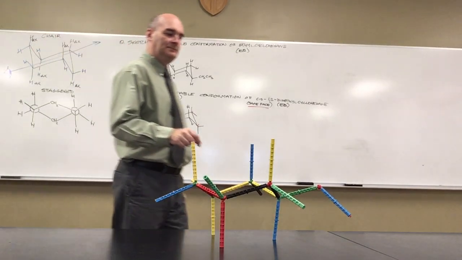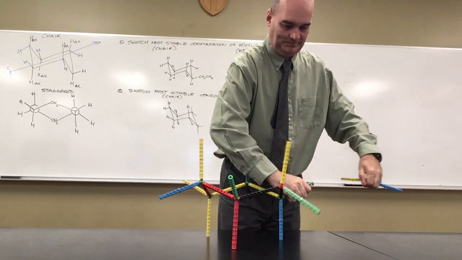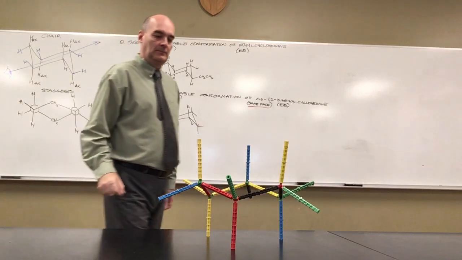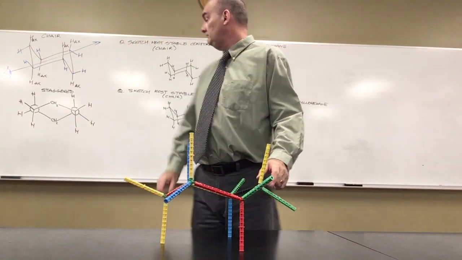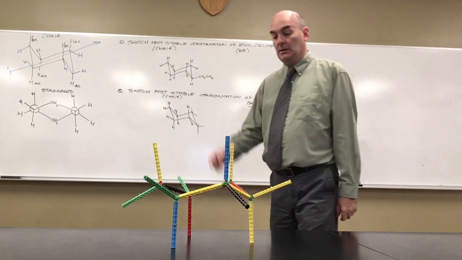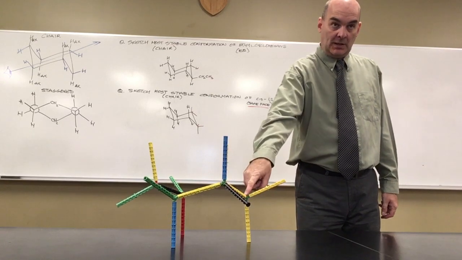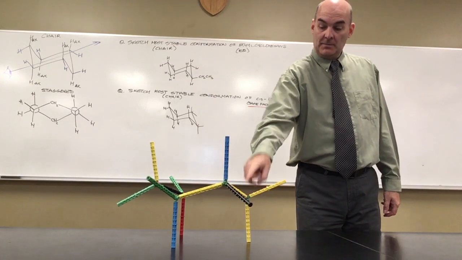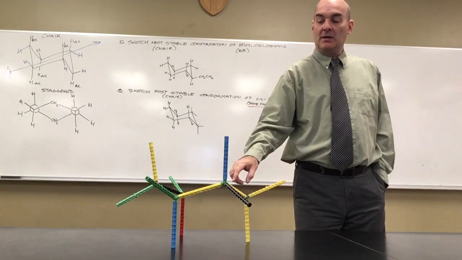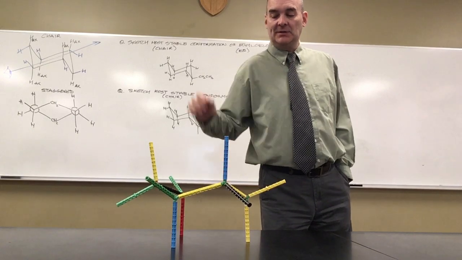Let's go to the model. This is my carbon number 1. That's my carbon number 2. Number 1, number 2. To be cis, my 2 methyls have to be on the same face of this hexagon.